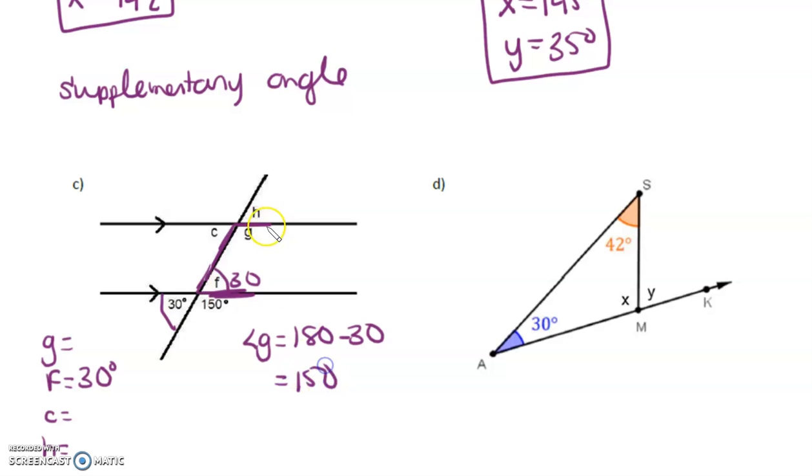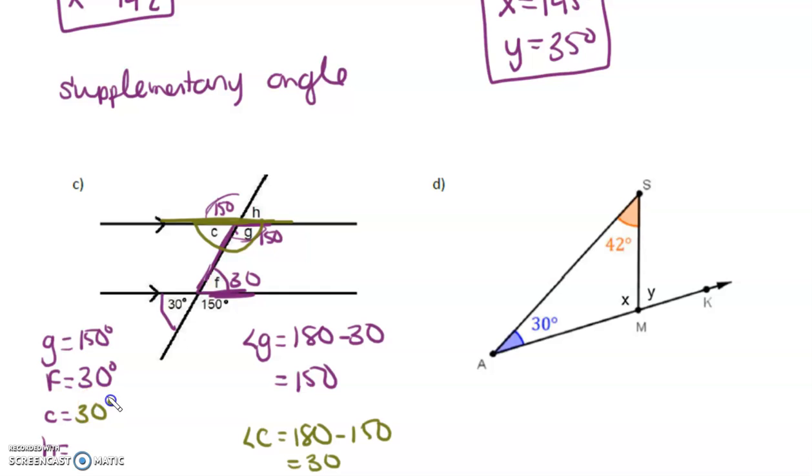Angle G is 150. If 150 is here, 150 is also here. We don't need to actually solve for that one, so I'm not going to write it down. But then we're going to take a look at supplementary angles. So these two angles add to 180. So angle C is going to be 180 minus 150, which is 30. And then if we look at C and H, these are opposite, so 30 degrees.